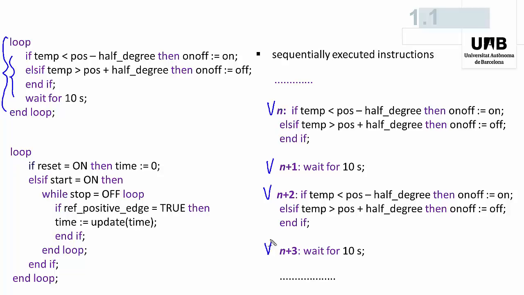At time n plus 3, once again wait for 10 seconds, and so on. So this is a first common characteristic. Both algorithms, all algorithms in general, are made up of sequentially executed instructions.